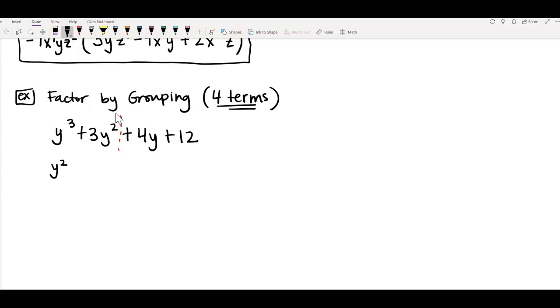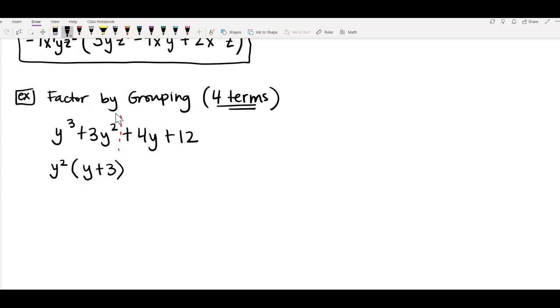It's the greatest thing that can come out of both of those terms. And then in leftovers here, I'm taking my y to the third, dividing it by y squared. That leaves me y. 3y squared divided by y squared just leaves me a positive 3. All right, so when I factor out that y squared, I'm left with y plus 3.